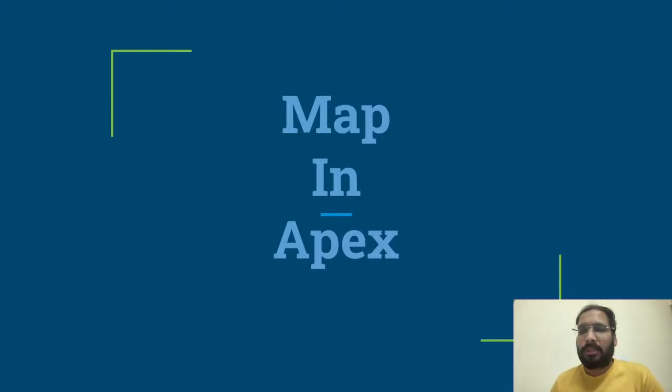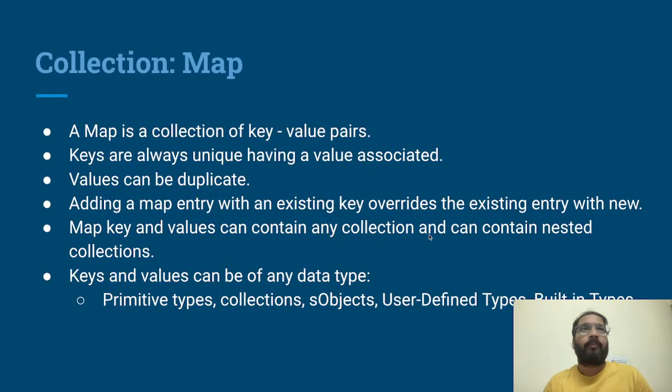We are going to discuss map in Apex. First of all, we need to understand what a map is. Here you can see lots of points are listed. A map is also a collection data type, but it is different from list and set. In the case of list and set, we only store one value at a single place.